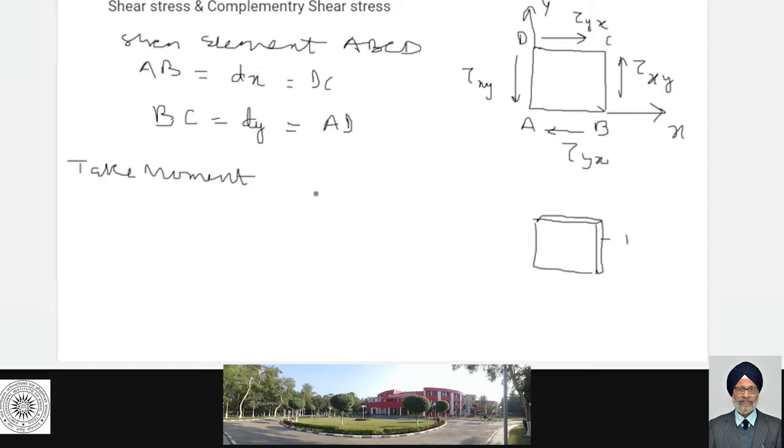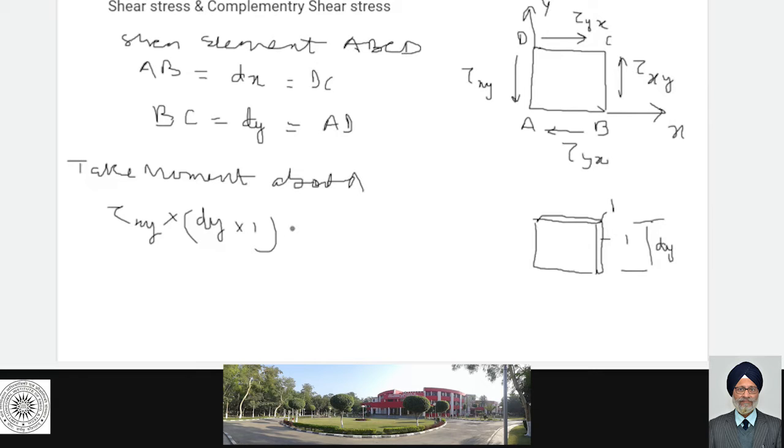So if we take the moment of all these forces about A, tau xy, this is a stress, multiplied by the area, it is acting on this, which is dy into 1, because this is dy and 1 is this. So this becomes the area.